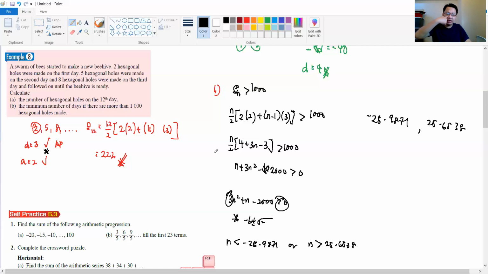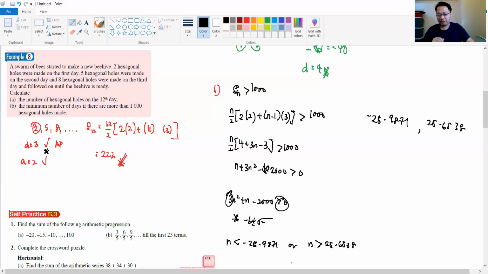25.6538. Okay, if you still remember, I told you when we learned this topic, n must start from 1. n cannot be 0, n cannot be a negative number, n cannot be a decimal, and cannot be a fraction.